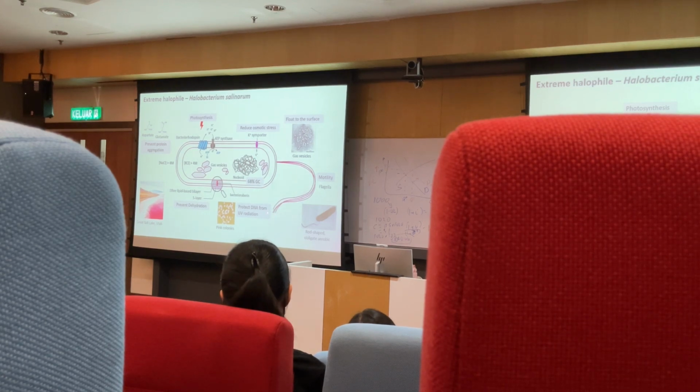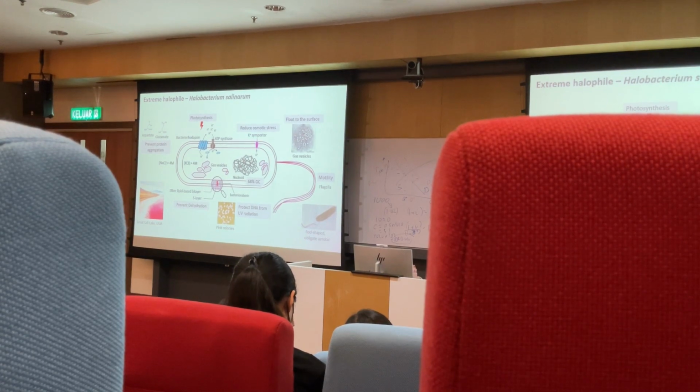Flagella will help them to move to the surface where they can detect the light. So they allow them to move. Secondly, they have this gas vesicle. Inside this vesicle, they contain gases, so it allows them to float to the surface. They use this kind of mechanism to get the sunlight.